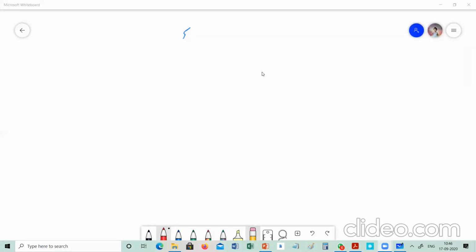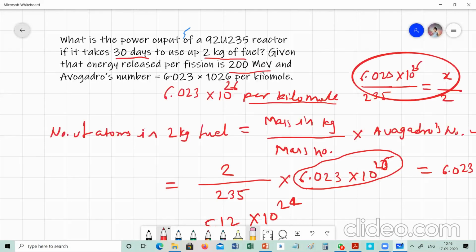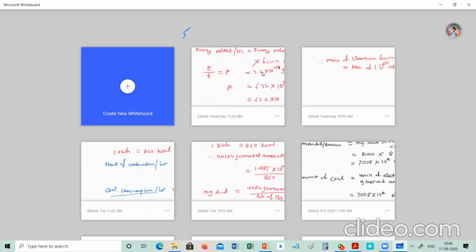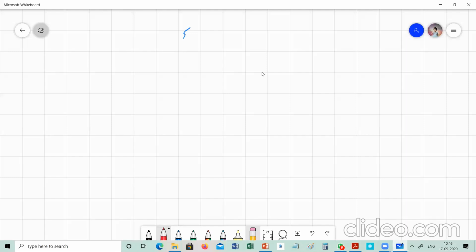What are the types of DC motor? Shunt motor, series motor, separately excited DC motor. Okay. Are there any more? Only three? What else? Brushless DC motor. No, brushless DC motor is an AC motor.